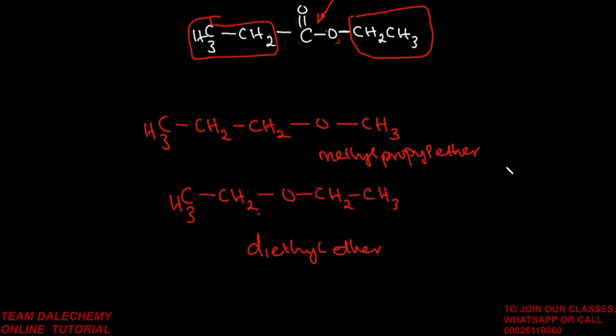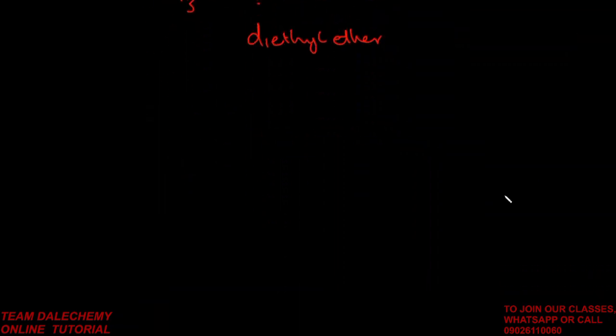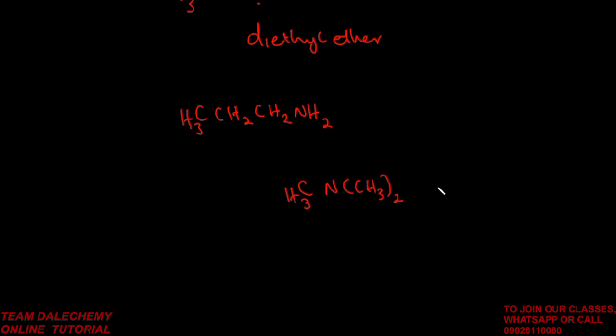So it can also occur in amines as well. If you know the nomenclature of amines, you can check my channel for that. This is a typical example of an amine. So this is having the same molecular formula as CH3 and CH3. So these two are also the same, and they are metamers because beside the nitrogen, which is the functional group, we are having different alkyl groups.